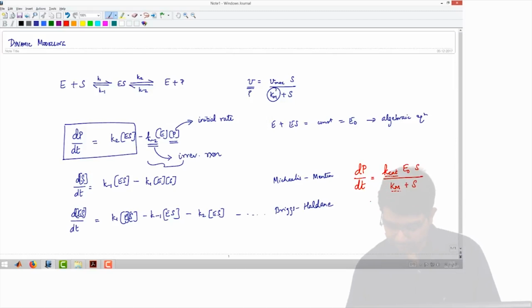K cat will be in units of inverse time. And Km in micromolar, nanomolar, whatever, some concentration units.